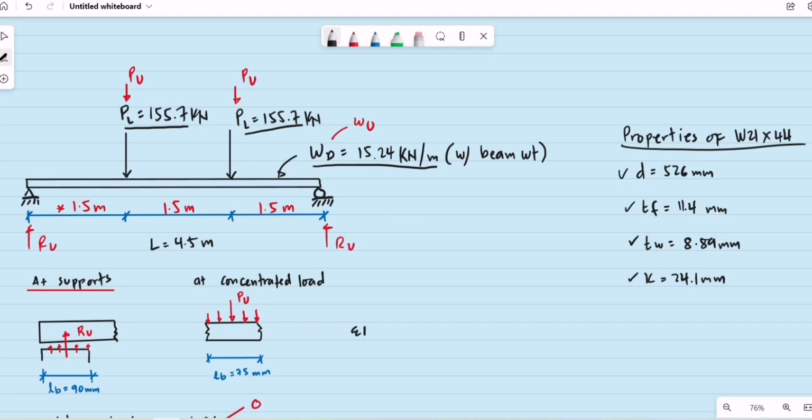So by mechanics, this is by summation. Summation of vertical forces equal to 0, assuming upward forces to be positive. So we have 2R sub U minus 2P sub U, and the equivalent weight of the uniform ultimate load, that is W sub U, the ultimate uniform load, multiplied by the length of the beam, equal to 0.